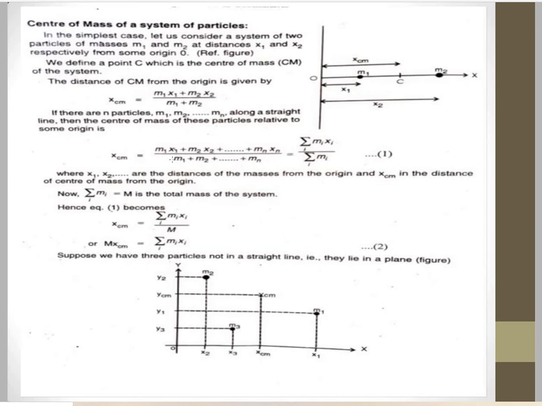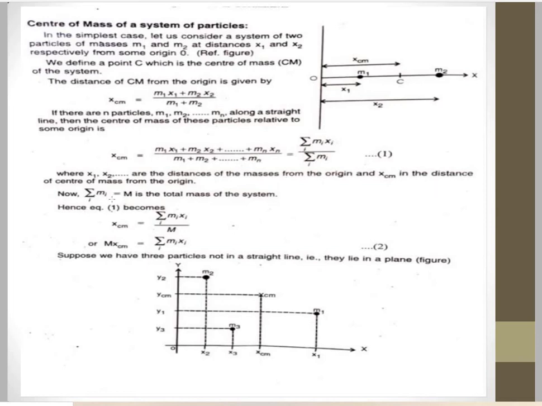Now, why is x important? Because in this case the particles are placed along the x direction. So when we sum this, you will get sum over mi xi divided by sum over mi, where x1, x2, etc. xn are the distances of the masses from the origin.